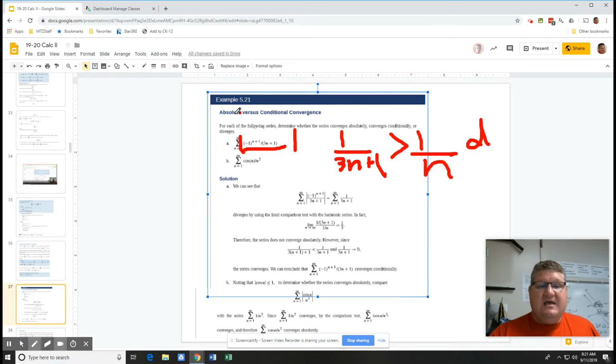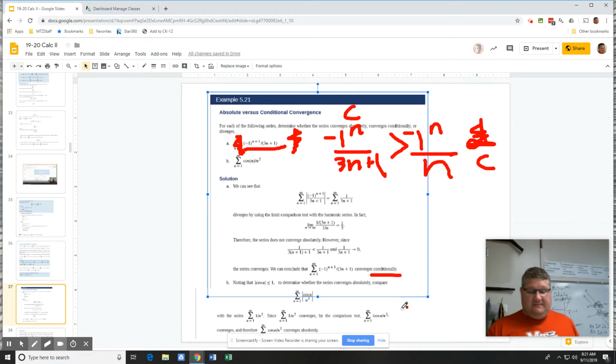However, if we put the negatives back in and don't use absolute value, do we know that an alternating harmonic is actually going to converge? Yes. That means this is going to converge as well, so it converges conditionally.